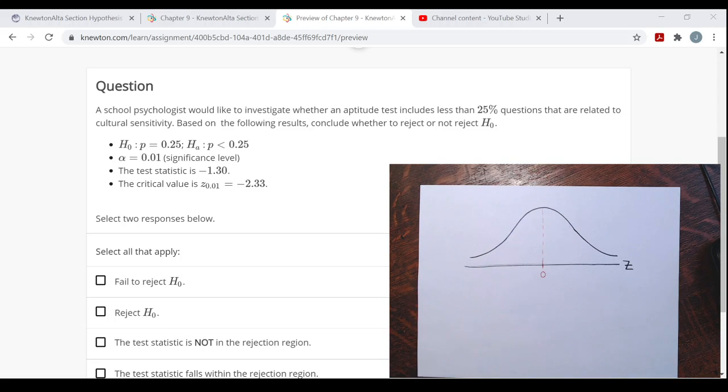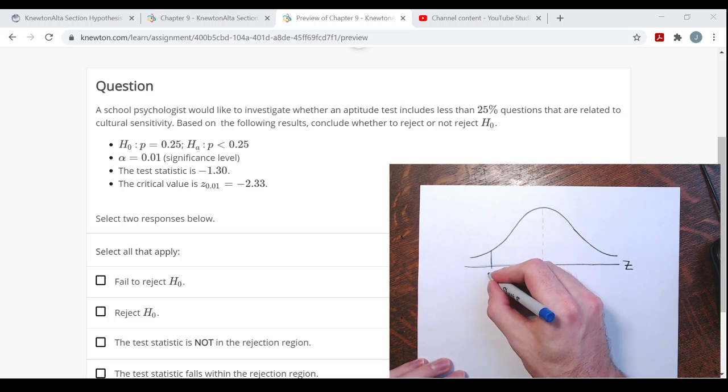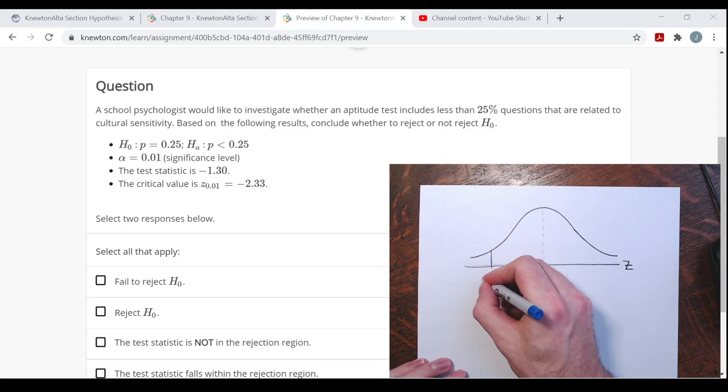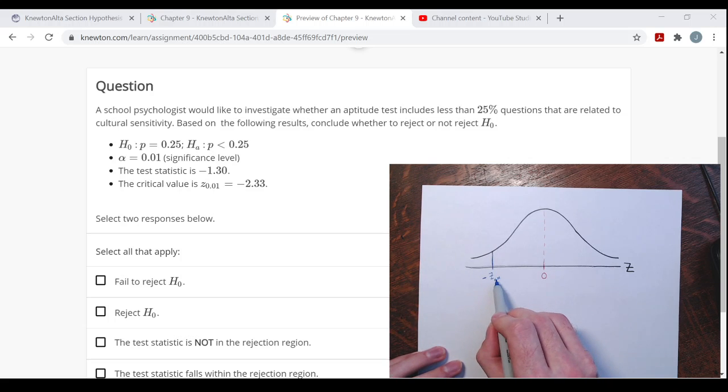And again, this is a left-tailed test. And alpha they gave us was 1%. So we'd be looking for the z-score that has 1% above it, but then the opposite of that. So this is minus that z-score with 0.01.